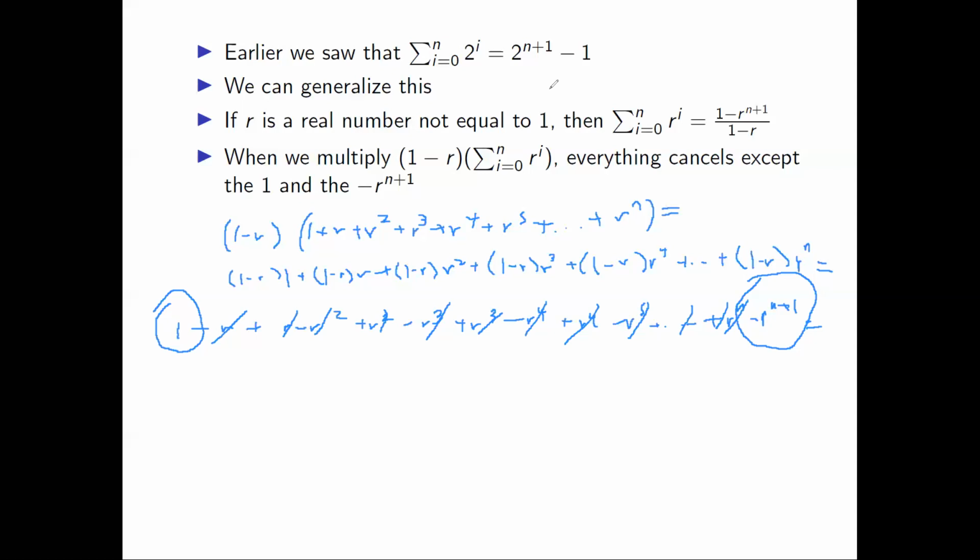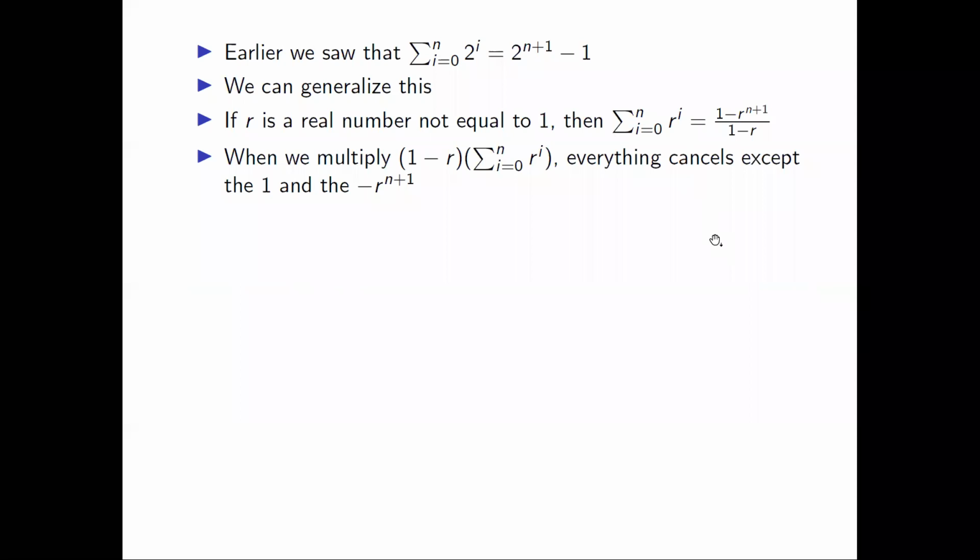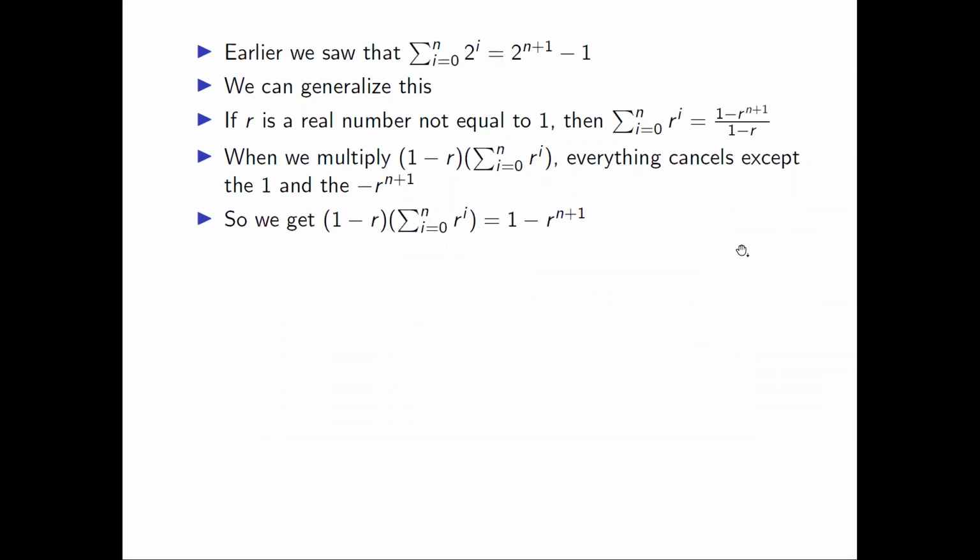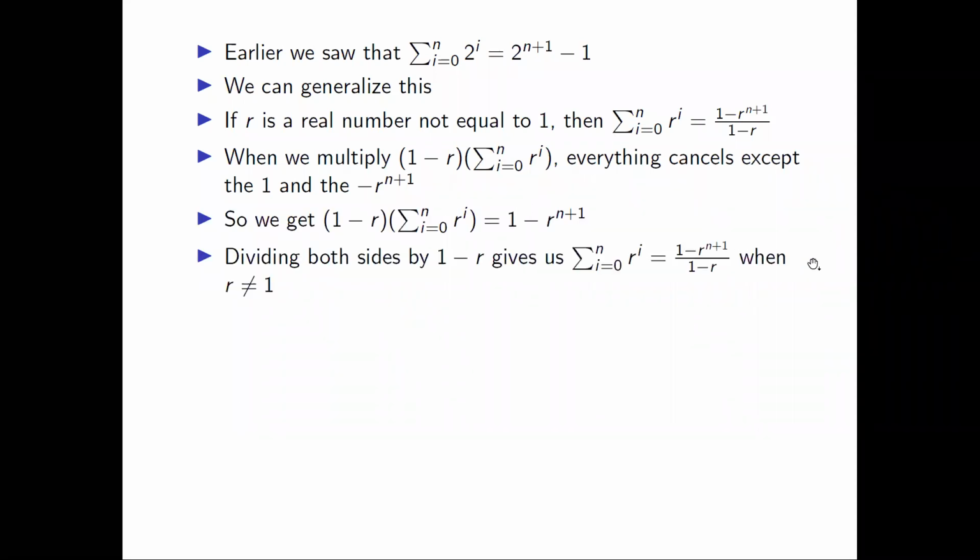So when we divide both sides by 1 minus r, and that's fine to do because r is not equal to 1, that's what gives us that the sum from i equals 0 to n of r to the i is equal to 1 minus r to the n plus 1 divided by 1 minus r. So we were able to derive a generalization of the sum that we found for these powers of 2.